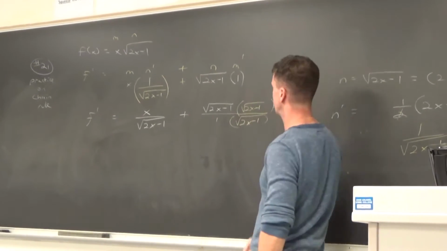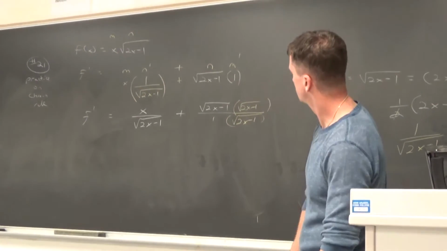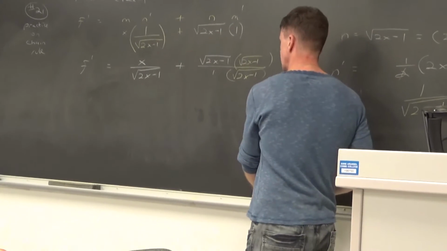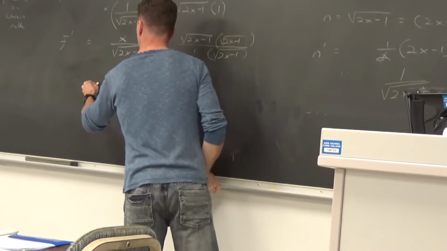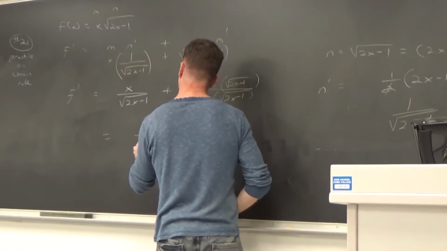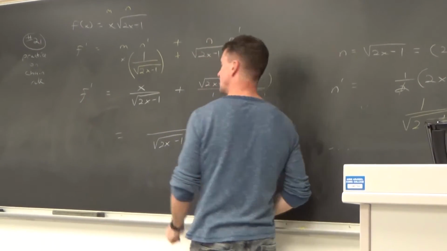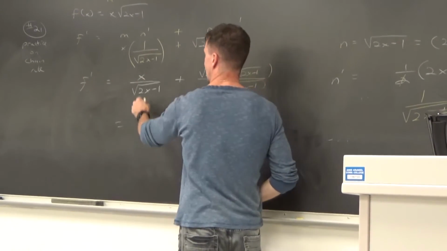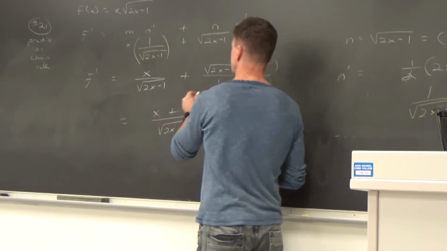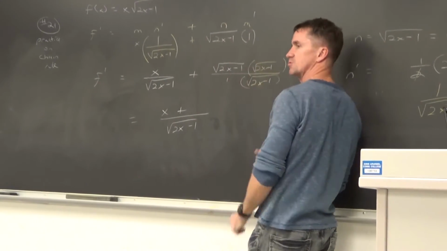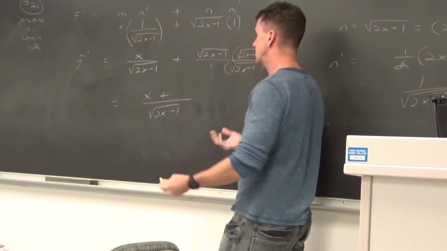And you'll notice this looks really neat now. Look what you've got in the numerator now. You've got x plus, and what's the square root of 2x minus 1 multiplied by itself? 2x minus 1.